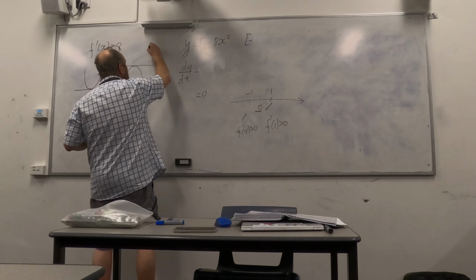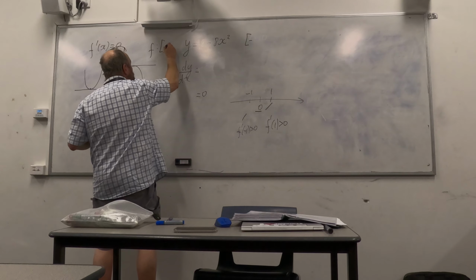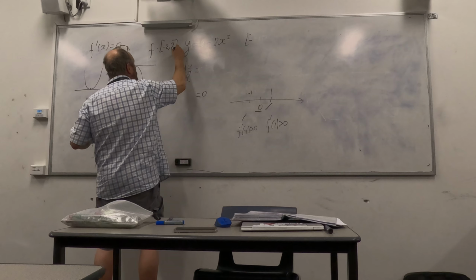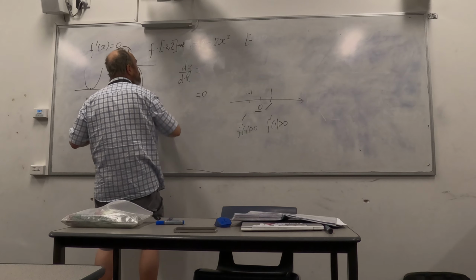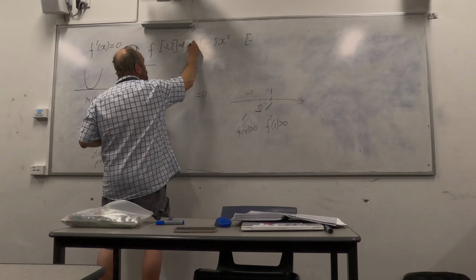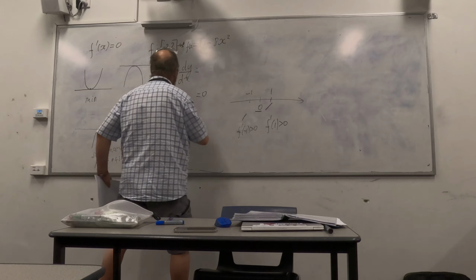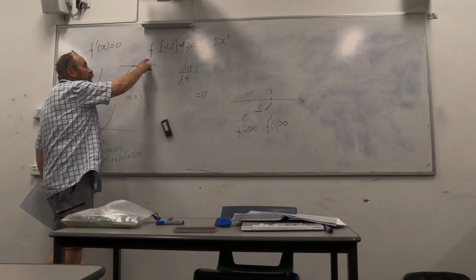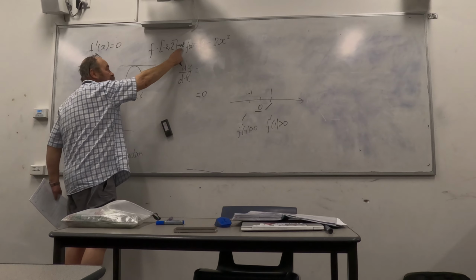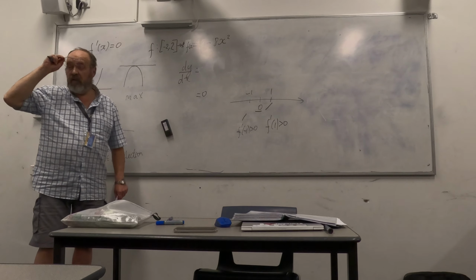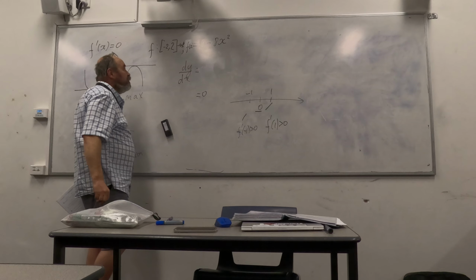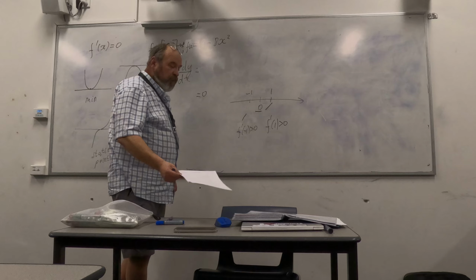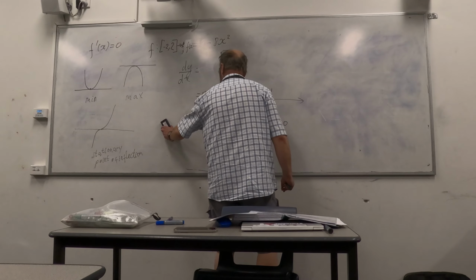So let f be defined from -2 to 2 to R, and f of x equals this. Using proper function notation, reminding you: f, domain, to R, it's always R, doesn't matter if it's not all real numbers, you still need notation right now. And then you write a comma and you write the function. And we need to find the absolute maximum and minimum on this interval.